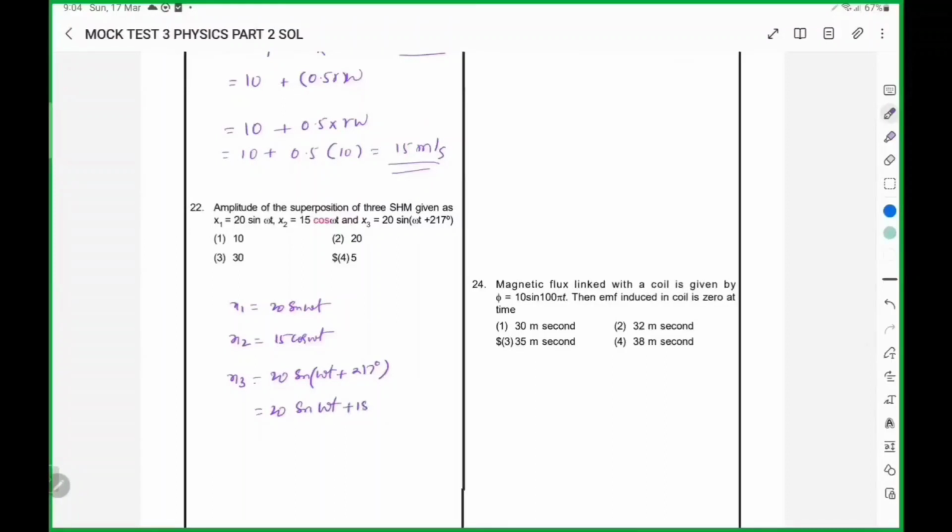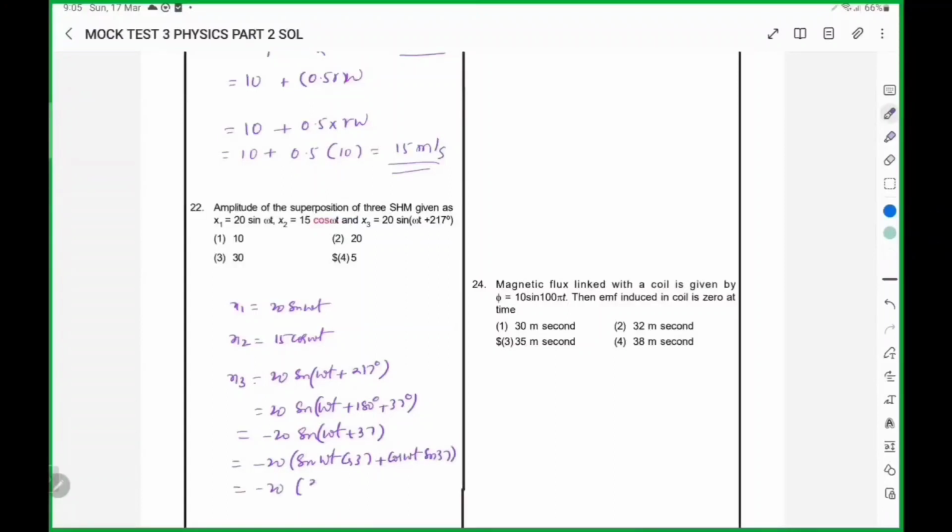Omega t plus 180 plus 37 degrees, which is minus 20 sine of omega t plus 37, that is sine omega t cos 37 plus cos omega t sine 37.